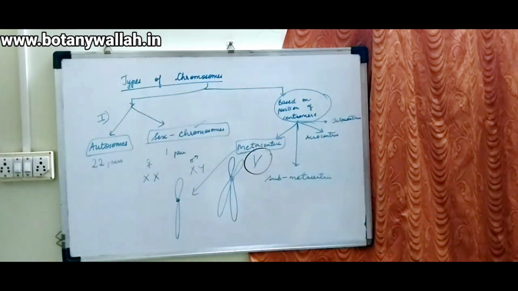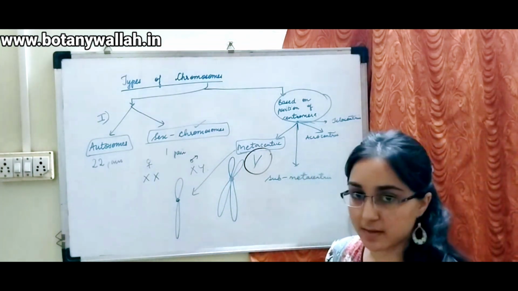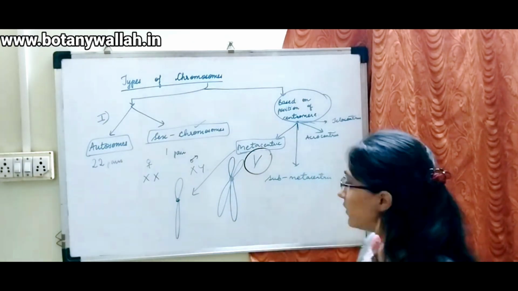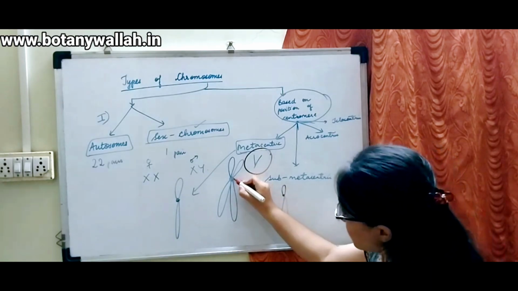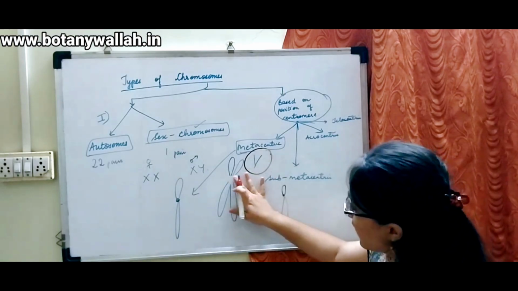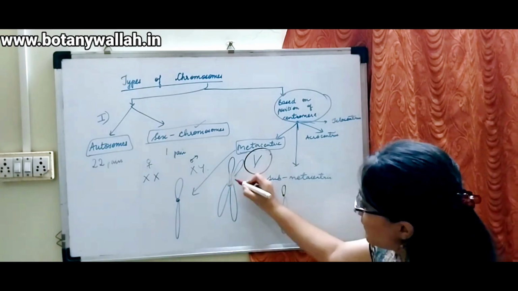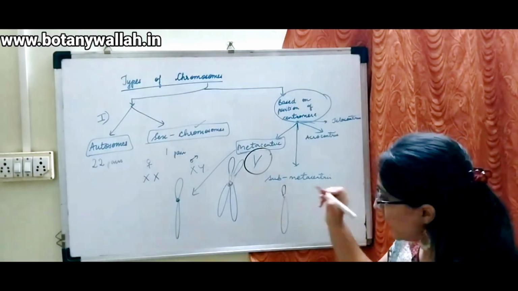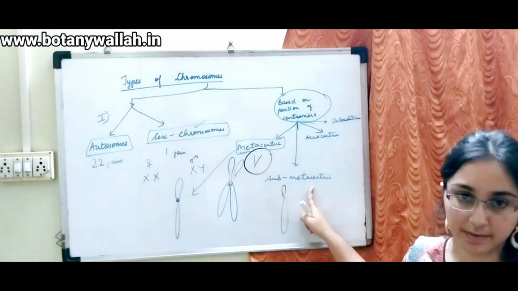Okay. Speaking about the next chromosome, which is submetacentric, means the centromere has moved a little above the center. If it moved a little above the center, we can say this is also not center. If it is exactly at the center, then we can say it as metacentric. If it shifts a little bit above the center, then we say it as submetacentric.